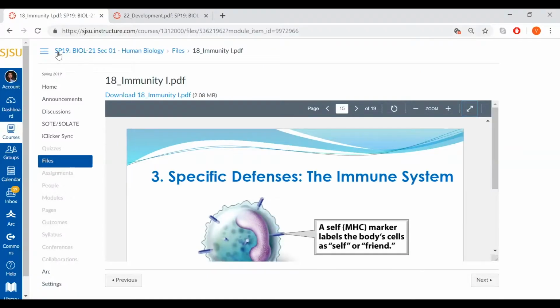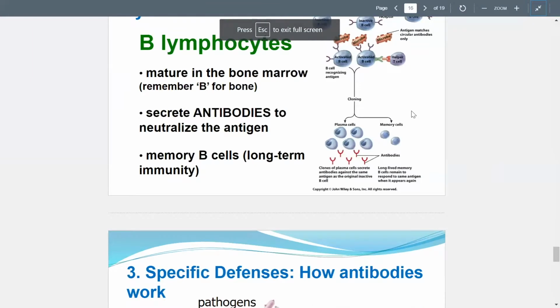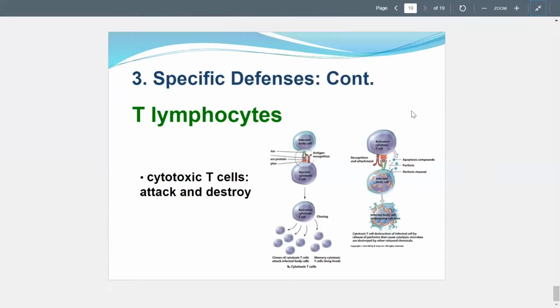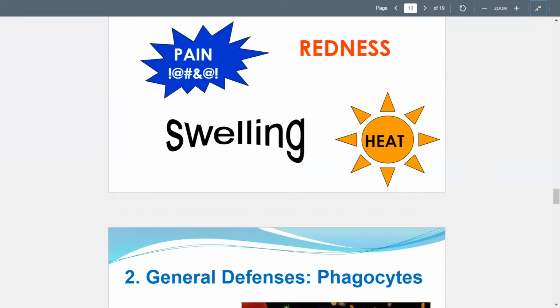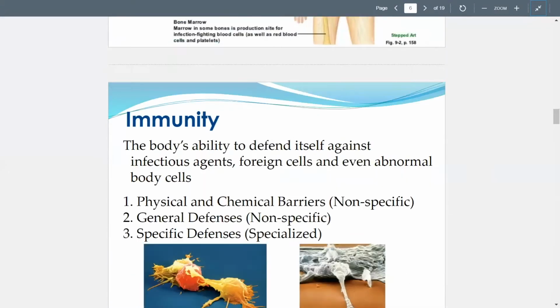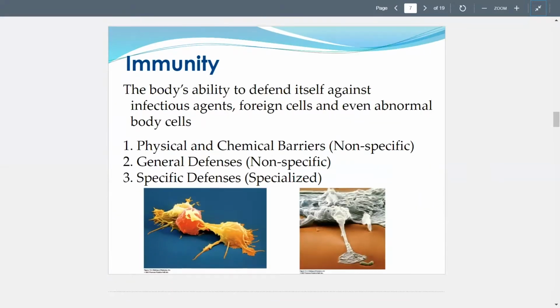Sorry, the last thing on immunity is differentiating between specific and non-specific, because this could be a test question. She could ask whether general defense is non-specific or specific. Specialized is the same thing as specific.